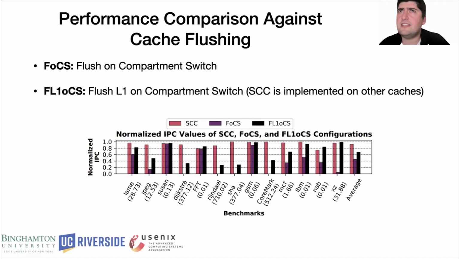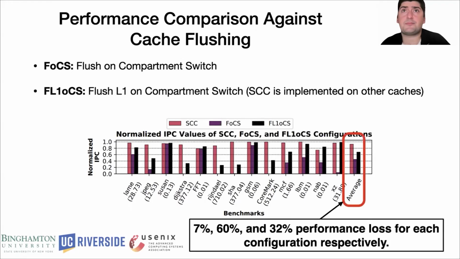To compare against SCC, we evaluated cache flushes on compartment switches. That is, when the program crosses a compartment boundary, the entire cache hierarchy is flushed in the interest of security. This is shown as FOSC in this graph. Furthermore, we also implement a flush version where only the L1 cache is flushed on compartment switches, while SCC is implemented on other levels. This is shown as FL1 OSC.